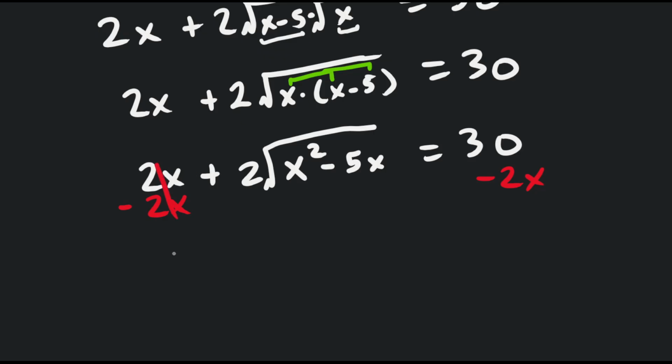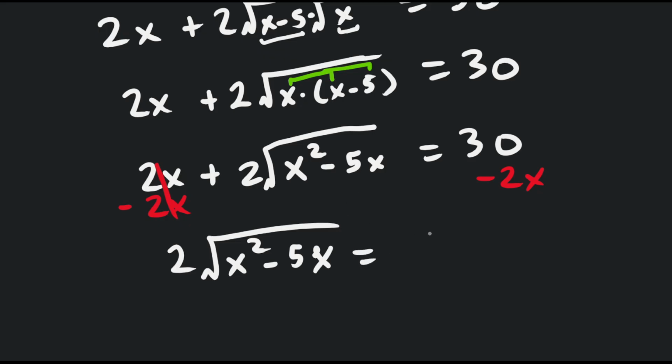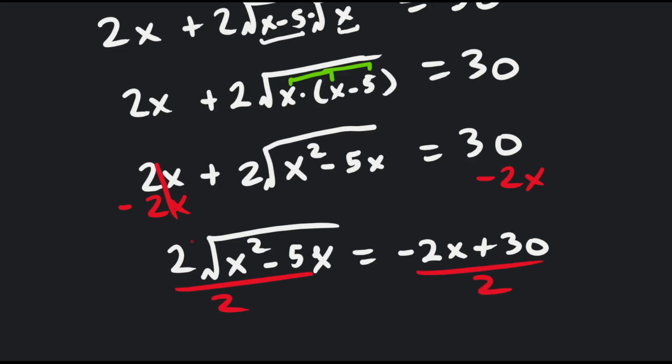We have 2 radical x squared minus 5x equals, so we could write 30 minus 2x, but I want to keep it in this form with the variable first, so negative 2x plus 30. Let's keep it like that. And then let's get rid of this 2 by dividing both sides by 2. That cancels that 2 out.